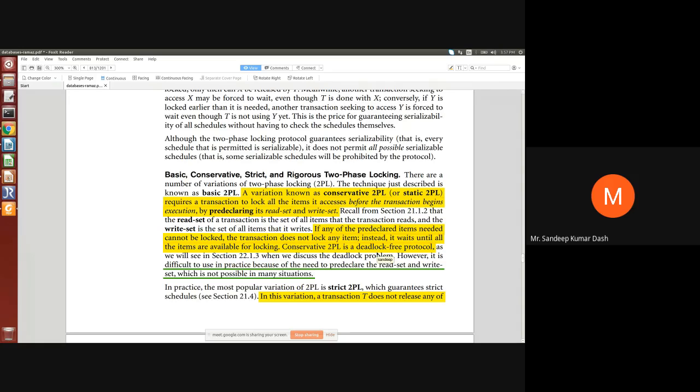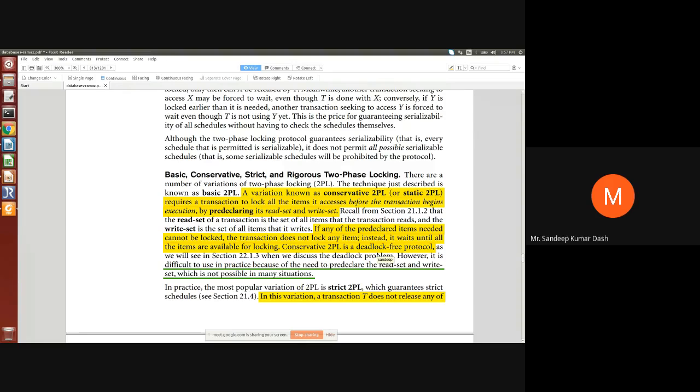Why? Suppose the transaction contains hundreds of operations. At the starting time, it may not know what items it will require. So locking all the items from the beginning is quite impractical. Suppose at some point it requires a data item which was not locked initially.